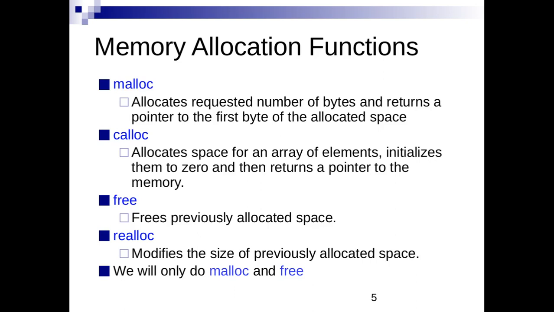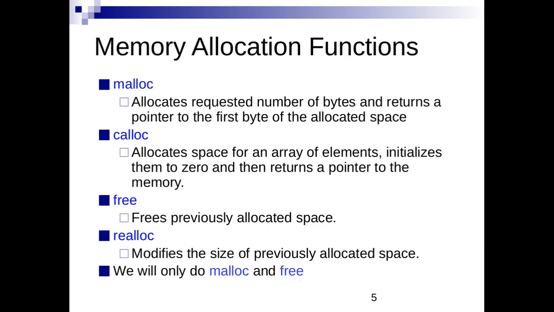Malloc allocates the requested number of bytes and returns a pointer to the first byte of the allocated space. We'll discuss malloc at length later in this video. Calloc allocates space for an array of elements, initializes them to 0, and then returns a pointer to the memory. Free frees previously allocated space.